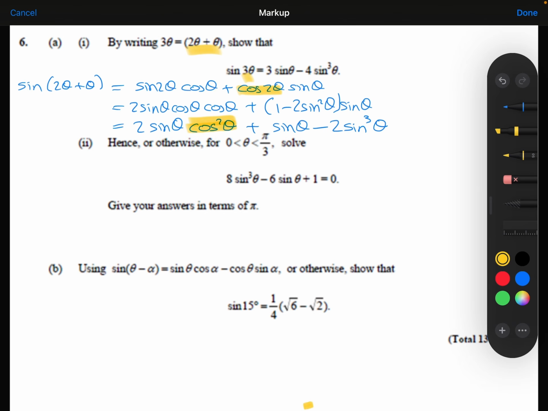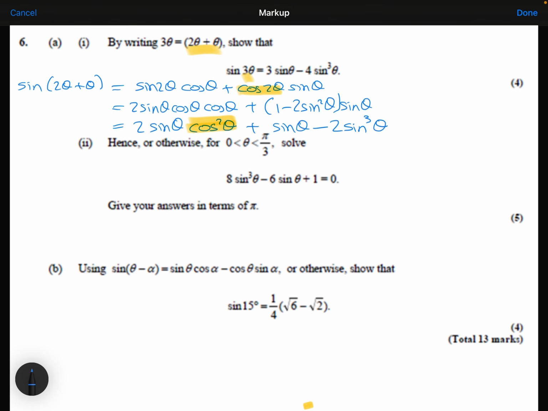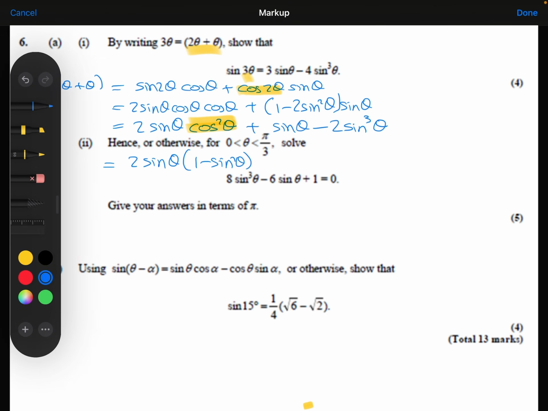Remember, I'm trying to get it so it only has sines in it. But that's fine because I know I can replace this cos squared with 1 minus sine squared. I know cos squared is the same thing as 1 minus sine squared.